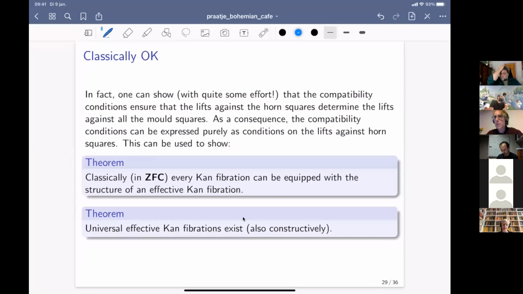So in a sense, it looks like we've gone very far away from the traditional horns, but in a way we've recovered them. It takes a lot of effort to actually prove this, but the horns are actually in a way still there.